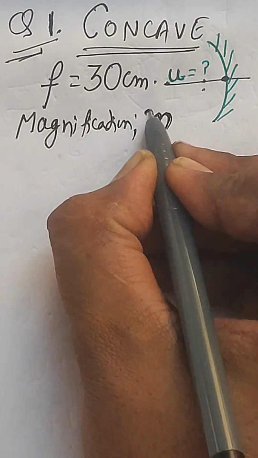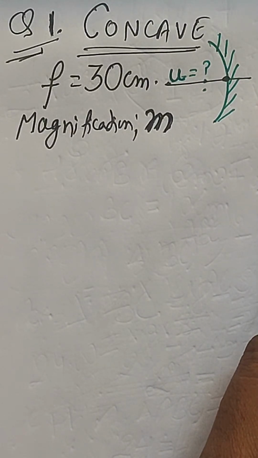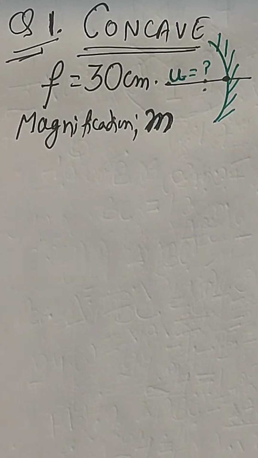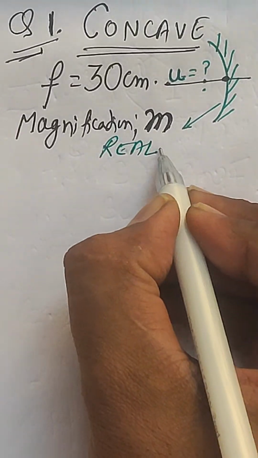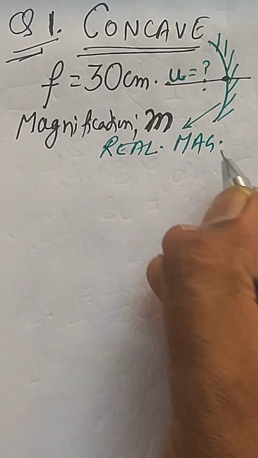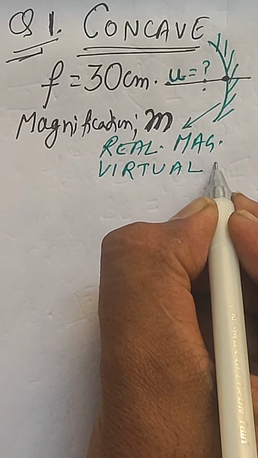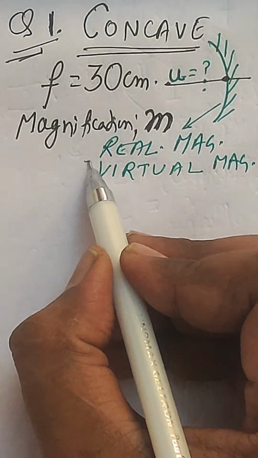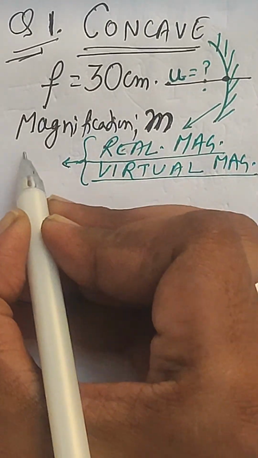If you remember, a small m. Now in this question, the image formed could be real magnified or virtual magnified, because it is a concave mirror. These are the two conditions for a concave mirror.